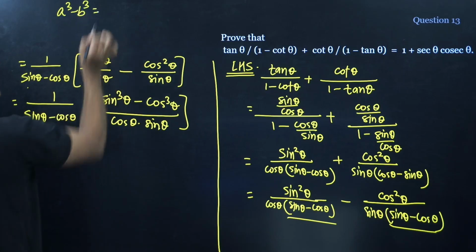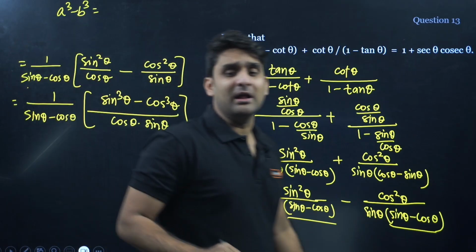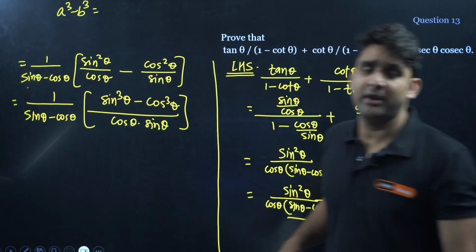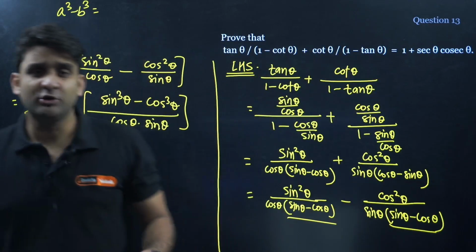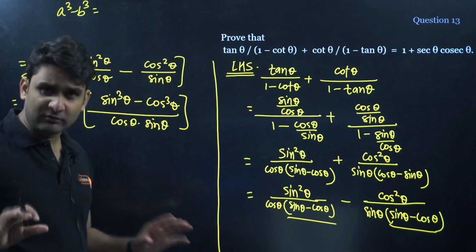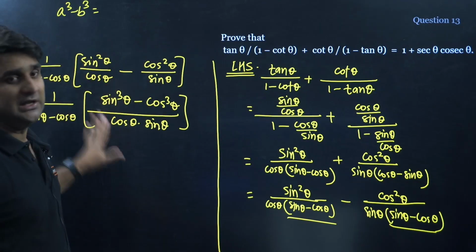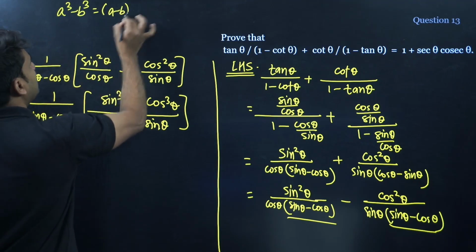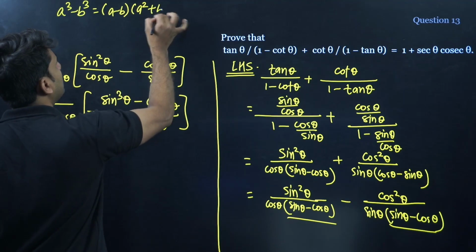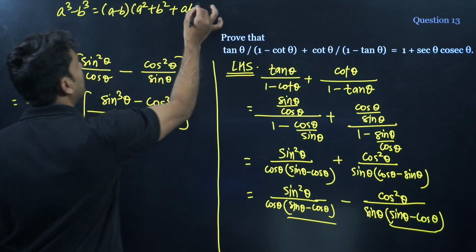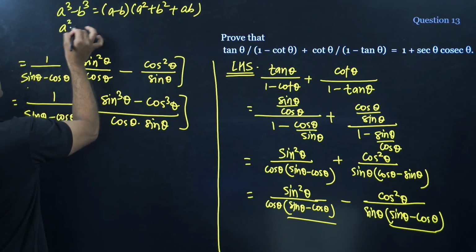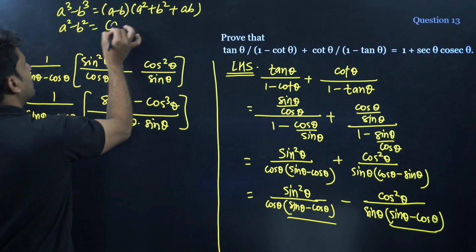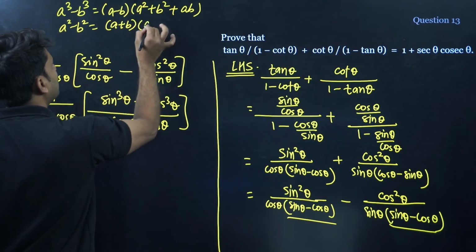Guys, in trigonometry, algebraic identities are really important. So please make sure to memorize a few algebraic identities, as they are widely used in trigonometry. This identity: a cube minus b cube equals a minus b into a square plus b square plus ab, and also a square minus b square equals a plus b into a minus b.